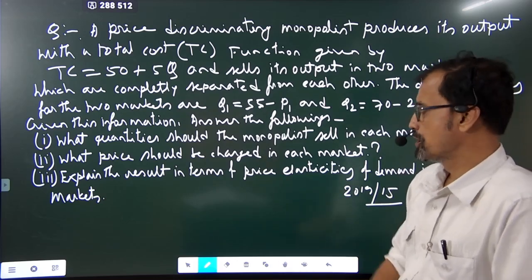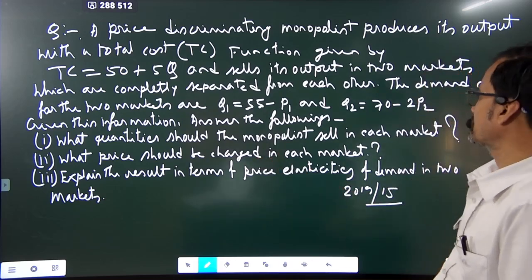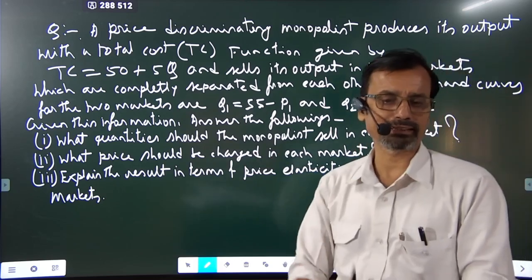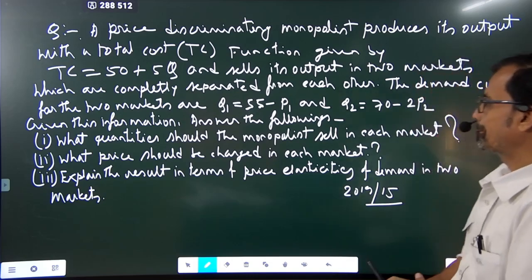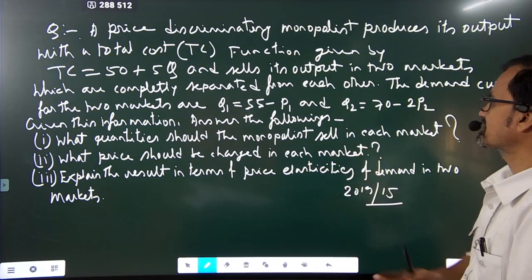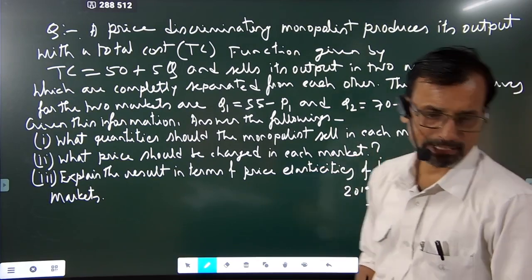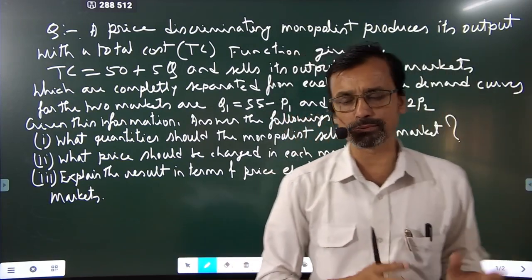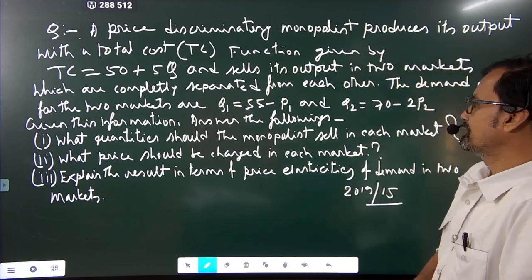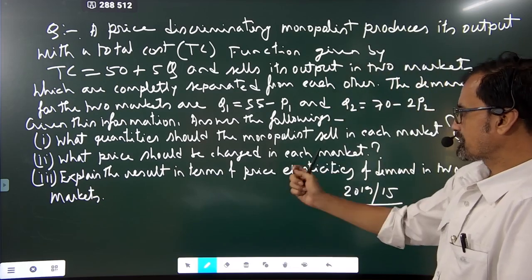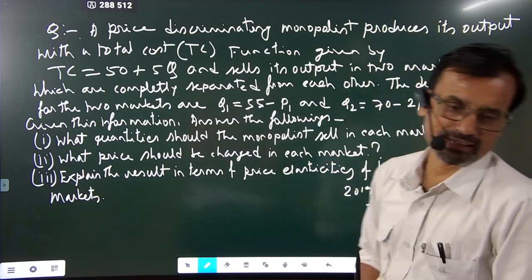First question: what quantities should the monopolist sell in each market? That is, we have to find the values of Q1 and Q2. Second, what price should be charged in each market? That is, we have to find prices P1 and P2. Third, explain the result in terms of price elasticity.